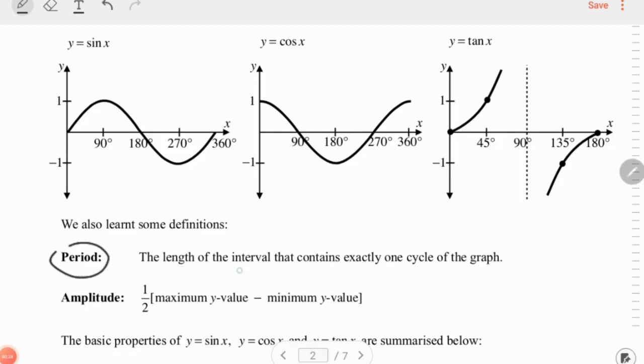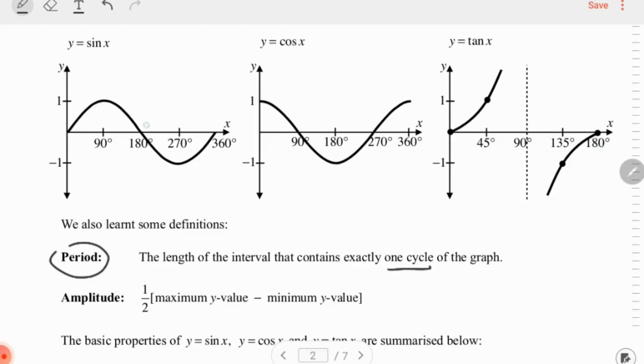So a period is the length of interval that contains exactly one cycle. So that means the full graph. Just like we said that the full graph of a sine should make that S. Where that S stops, that's your period. With the cos, that is your C, and then with the tangent, it's that half and a half. So where the second half stops, that's where it makes your period.